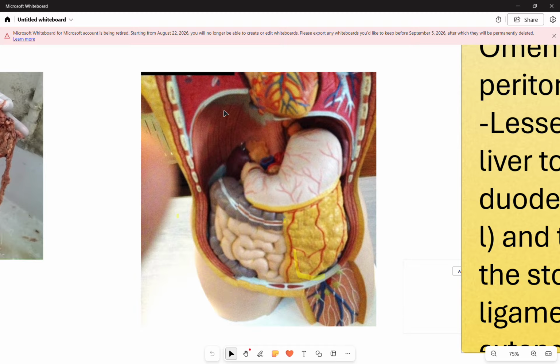The liver is not shown here. This is diaphragm. So you have to imagine the liver over here and the lesser omentum extending from undersurface of the liver to the lesser curvature and the duodenum.